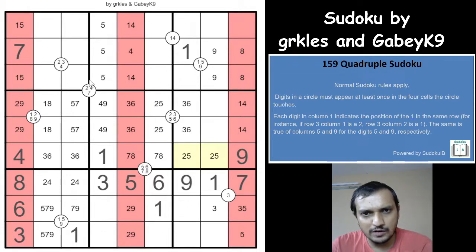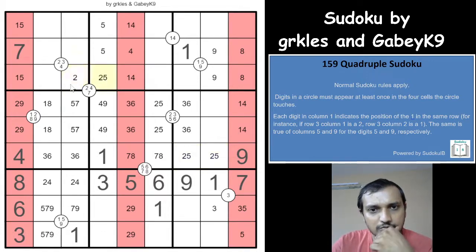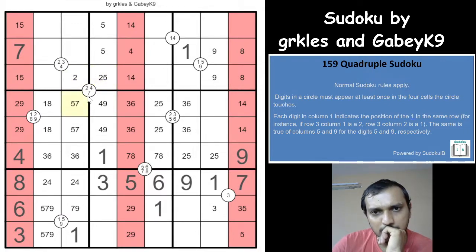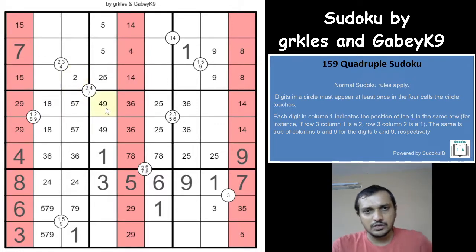One of the 2's would have to be in one of these two cells, right? For this quadruple here. Seven would have to be in one of these two cells, and 4 cannot be here, cannot be here. 4 would have to be in one of these two cells. So there are too many places for it.